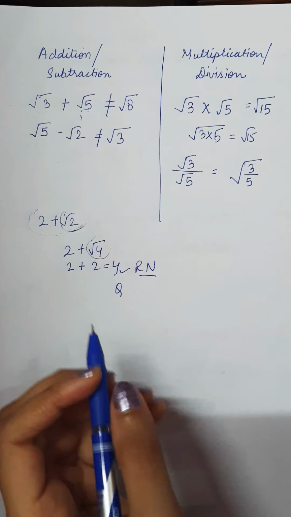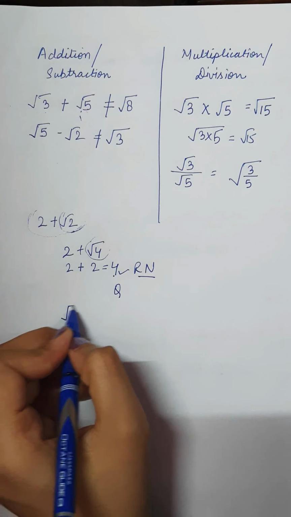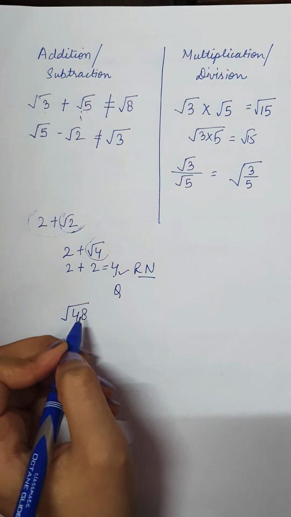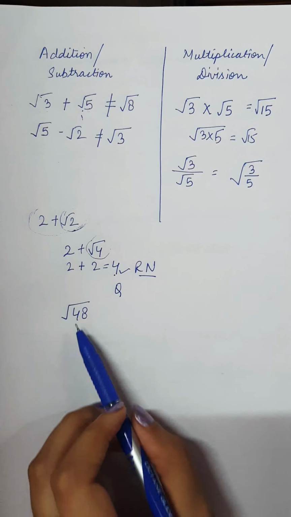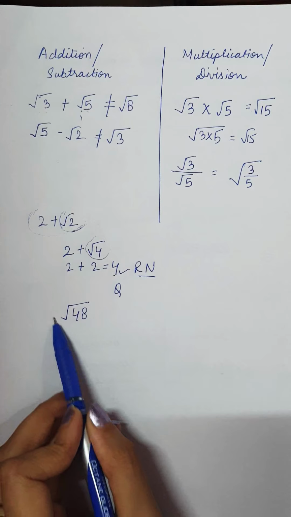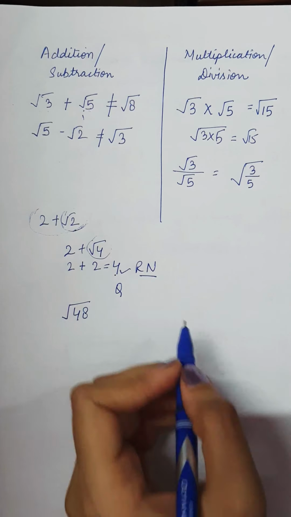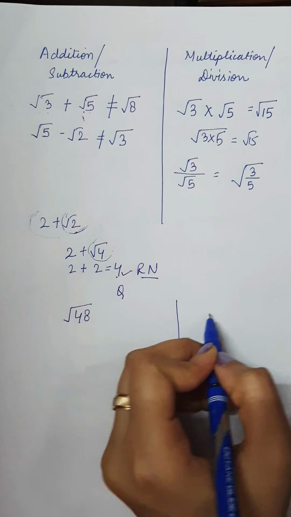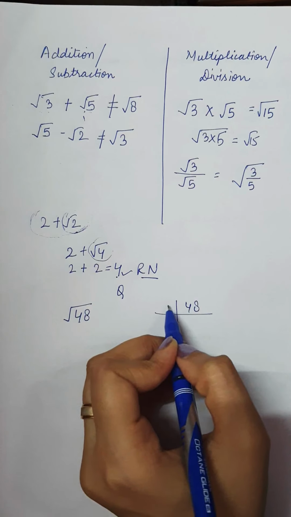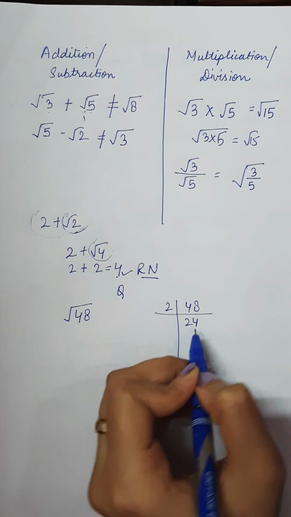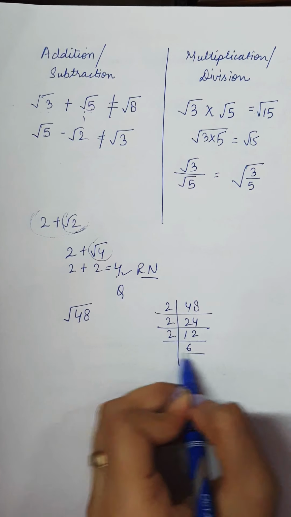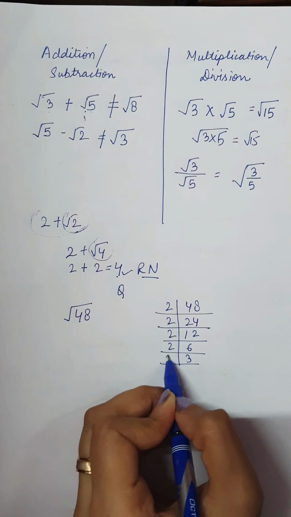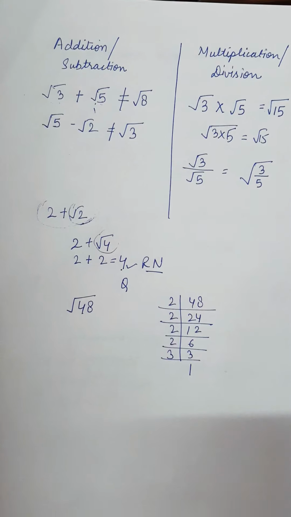Now I want you to check whether under root 48 is irrational or rational. How are we going to do it? First we need to simplify this as much as possible. So the main rule is prime factorization. 48, 24, 12, 6, 3, 3.